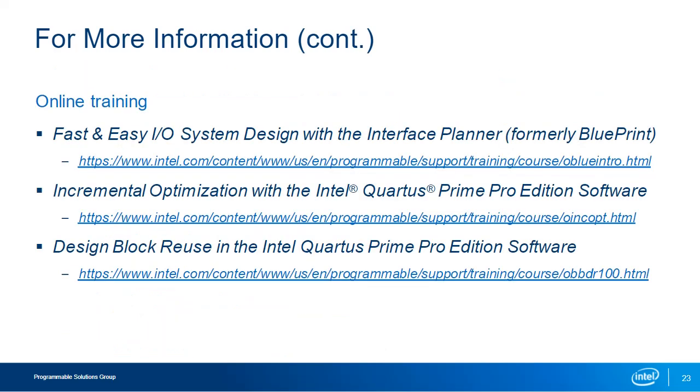Other online training classes, just like this one, are available. The classes listed here go into more detail on tool use related to incremental block-based compilation and the related design reuse flow. You can register for them and watch them for free at any time.